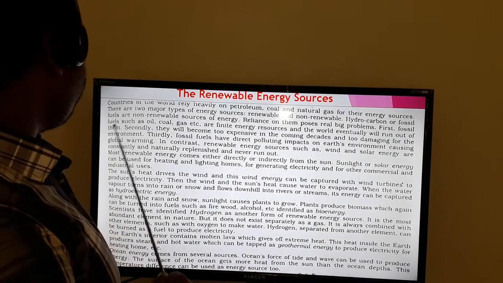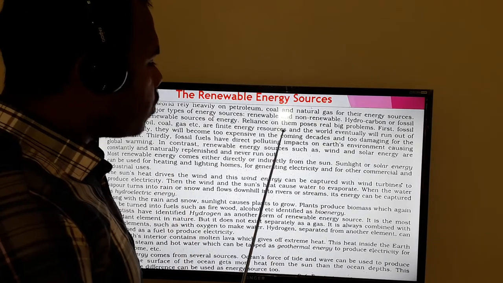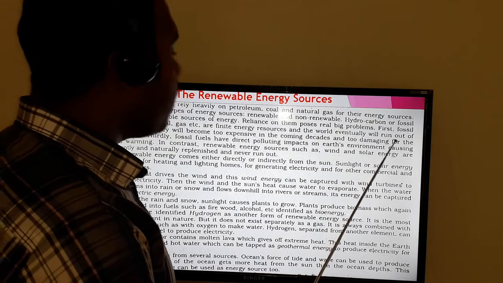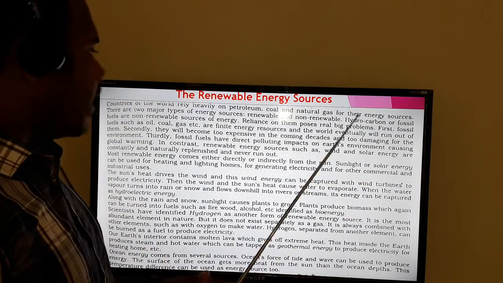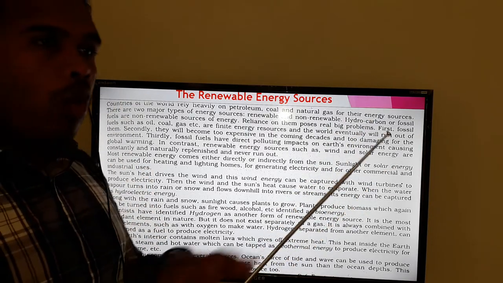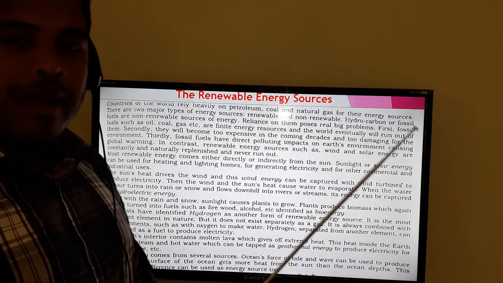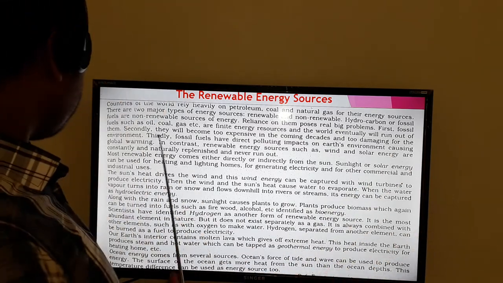First, fossil fuels such as oil, coal, gas, etc. are finite energy sources and the world will eventually run out of them. So dear students, you have to be clear about that. That is non-renewable. We cannot renew them. After a certain period, all these energy sources will come to an end because they are limited, they are finite.